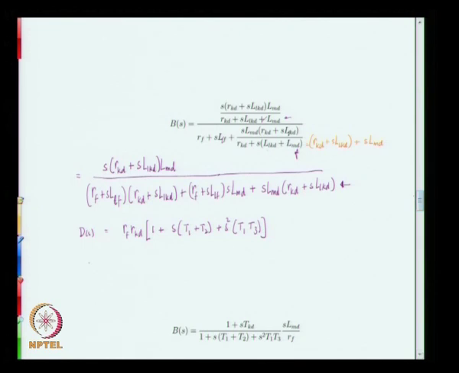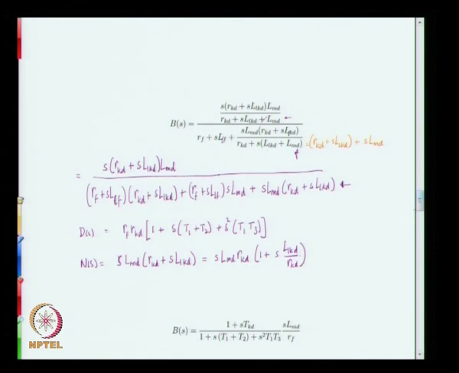So, let us look at the numerator now. The numerator of B of S is nothing but S times LMD into RKD plus SLLKD, and we take RKD outside, and therefore, this is S times LMD into RKD multiplied by 1 plus S times LLKD by RKD.